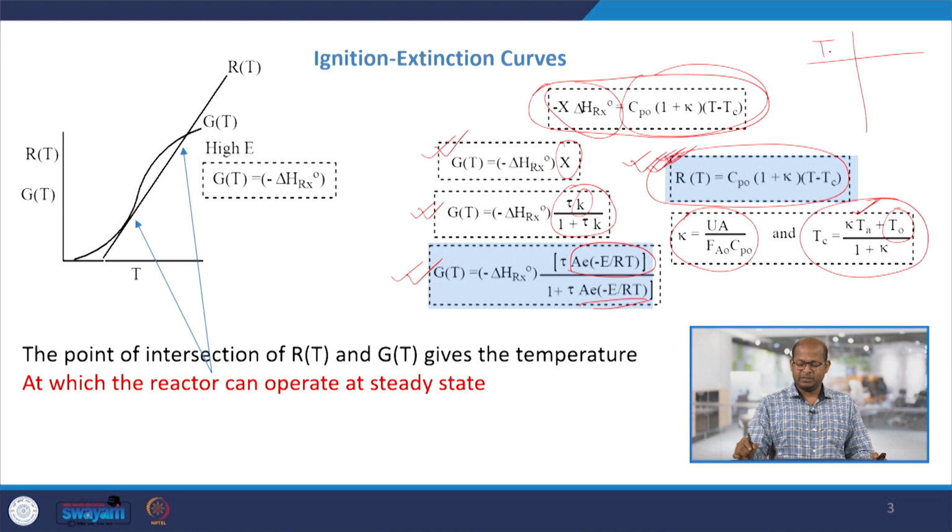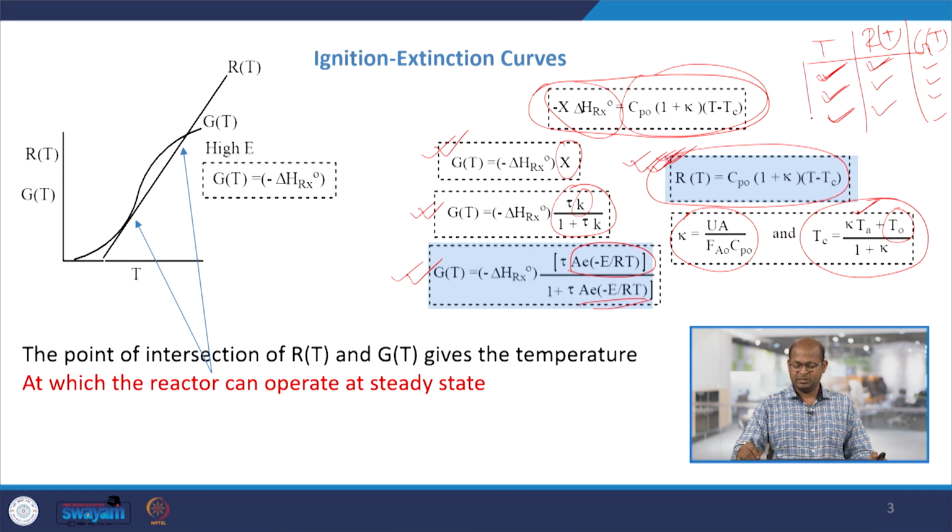At a particular temperature, when the reaction temperature changes, we get RT and GT: what would be the heat removal at this particular temperature, and similarly what would be the heat generation.